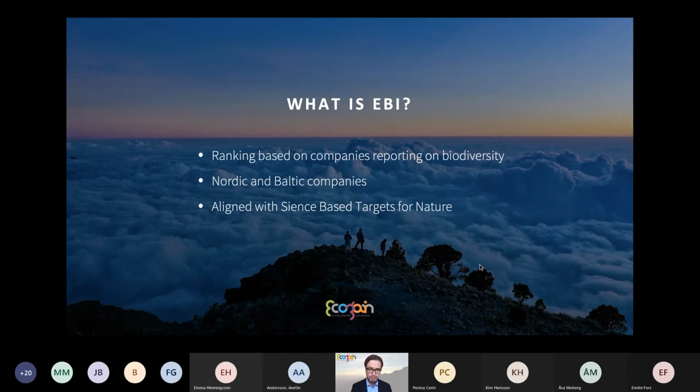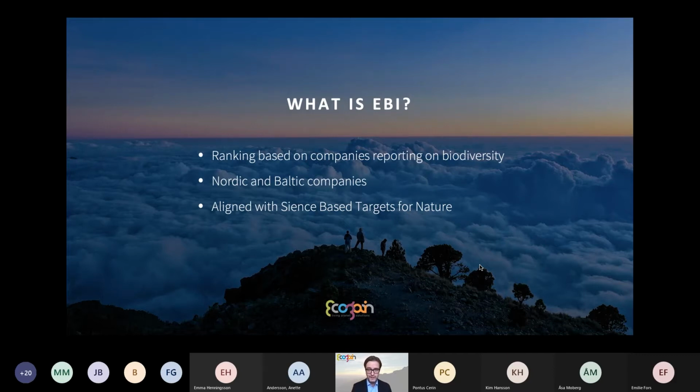What is it? Well, it's a ranking based on companies reporting on biodiversity. So pretty much what is said in the sustainability reports is ranked. Here we have looked at Nordic companies as well as Baltic companies, the biggest companies.